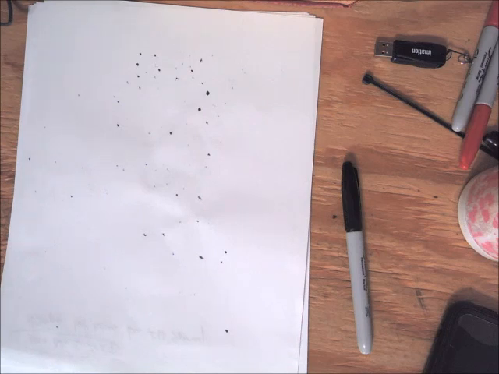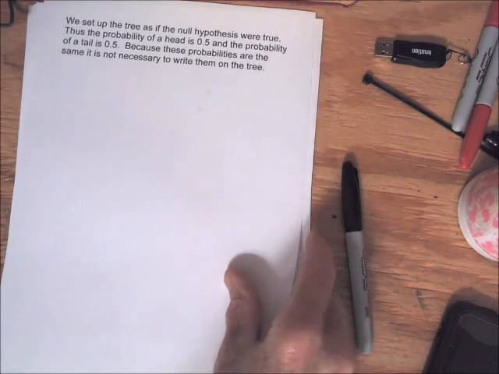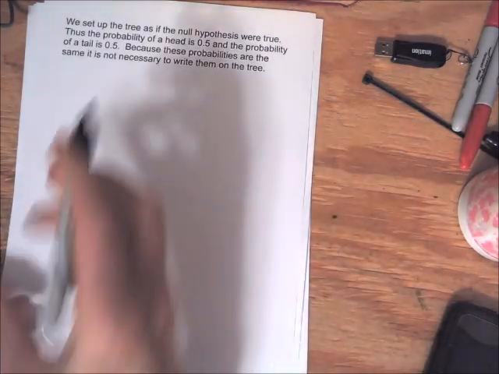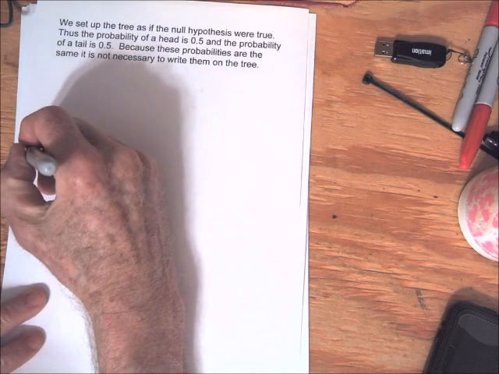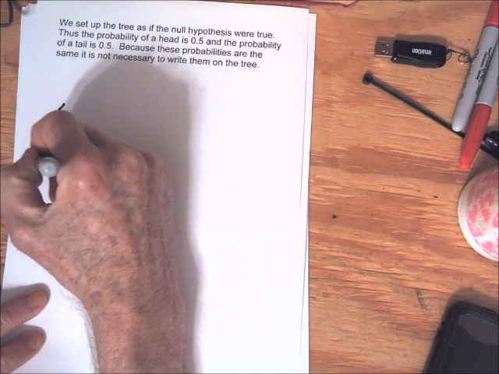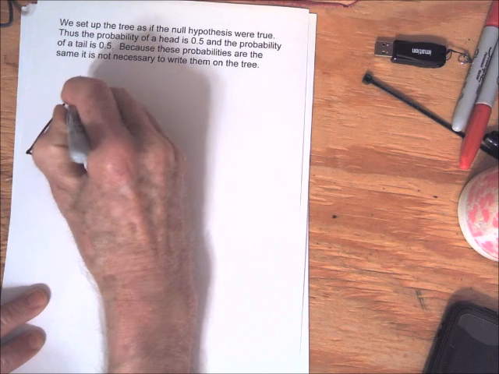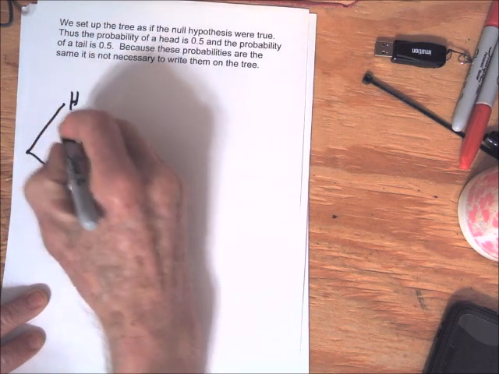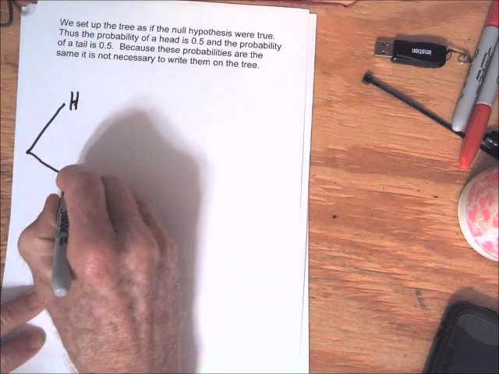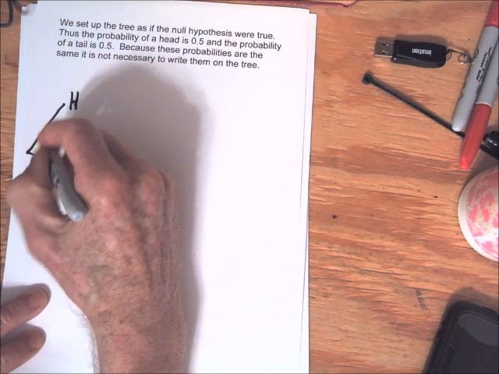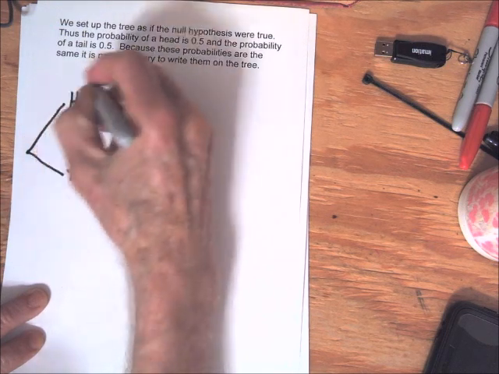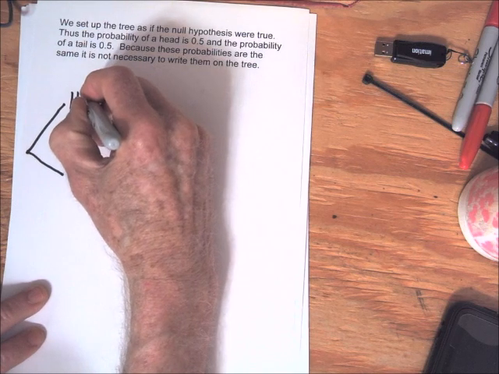Okay, so I'm going to draw the tree as if H0 is true. So if H0 is true, we have a 0.5 chance of a head, 0.5 chance of a tail. And because all these probabilities are 0.5, we don't have to really put them in the tree.